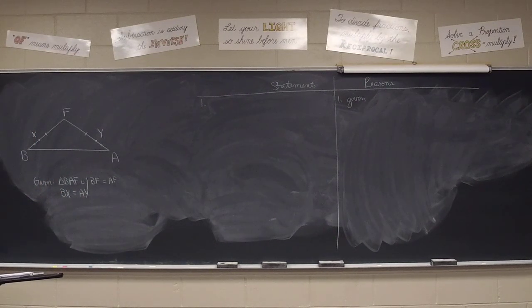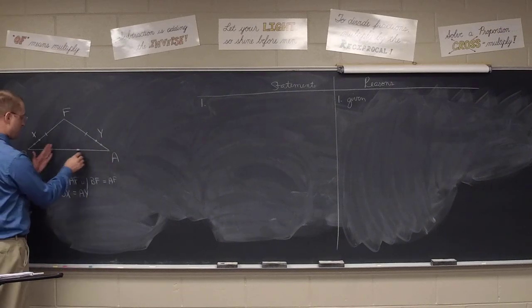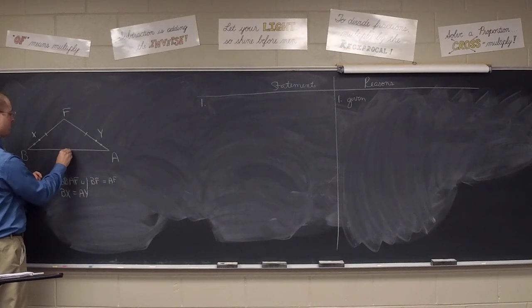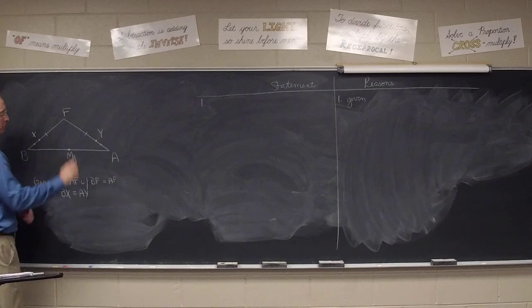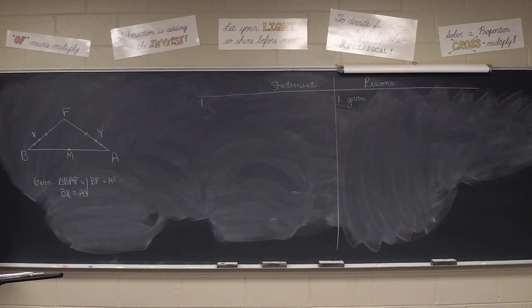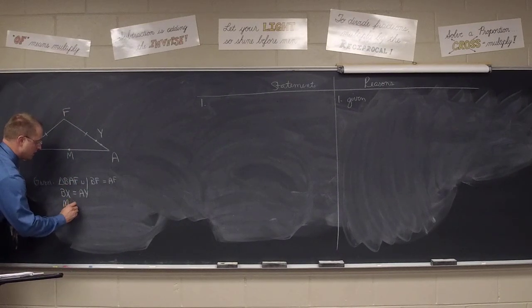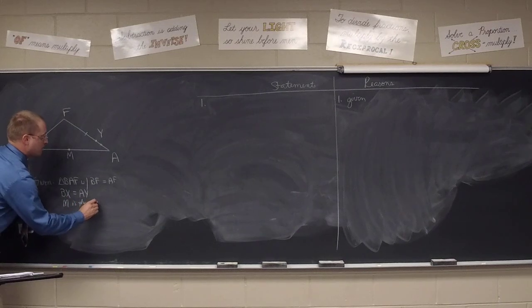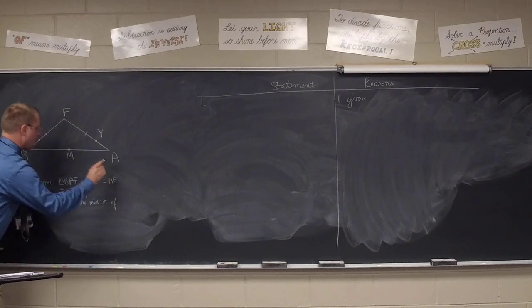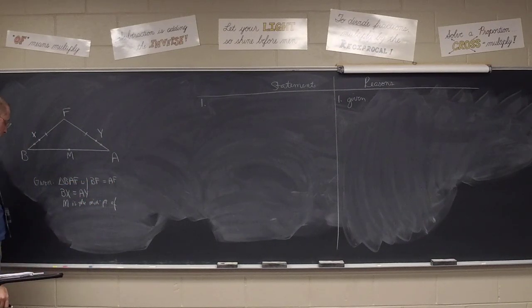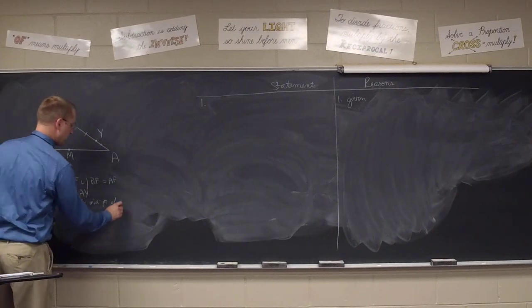Now, if you would, locate the midpoint of AB to the best of your ability. Again, it doesn't have to be perfect because we don't trust our eyes. Call it M for midpoint. And we'll put that in the given, that M is the midpoint of AB.